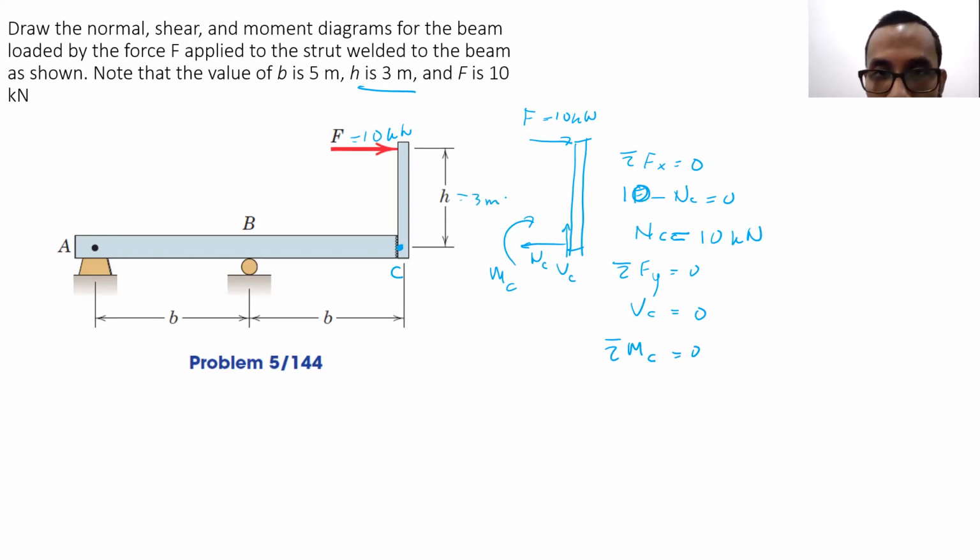If clockwise moment is positive, Mc plus 10 kilonewton multiplied by 3 meters, the height, equal to 0. So our MC will be minus 30 kilonewton meter.